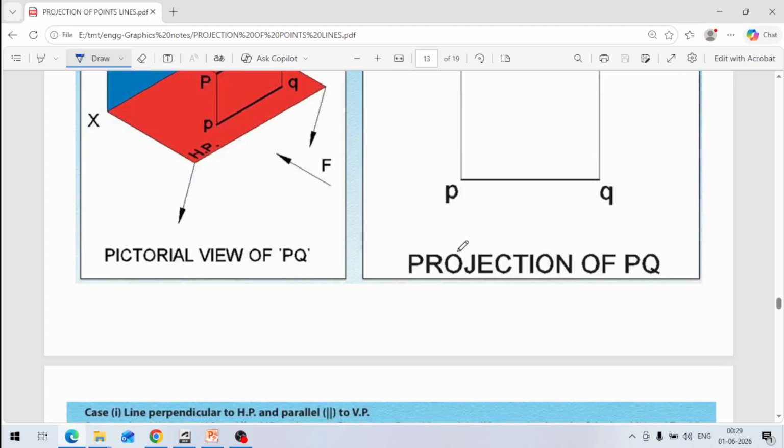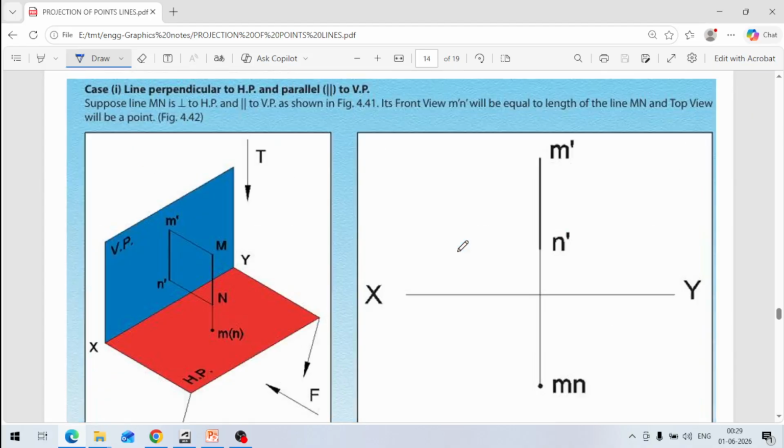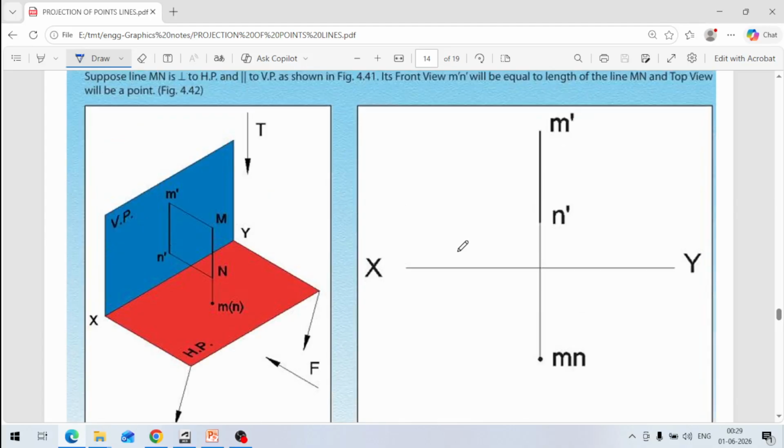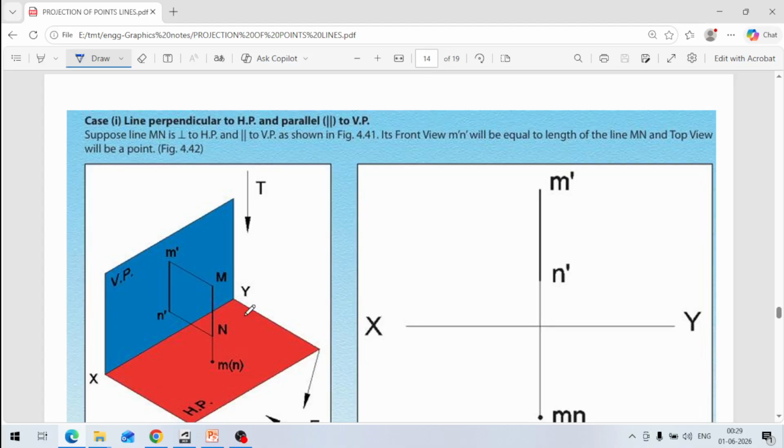Then the next case is here. This line is parallel to one plane and perpendicular to the other. That means the line is perpendicular to the horizontal plane, and parallel to the vertical plane.